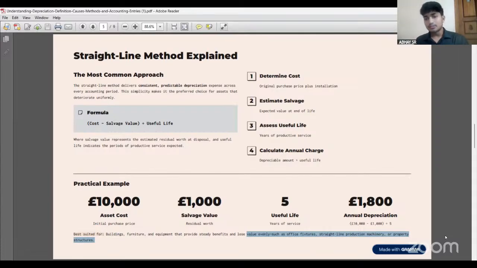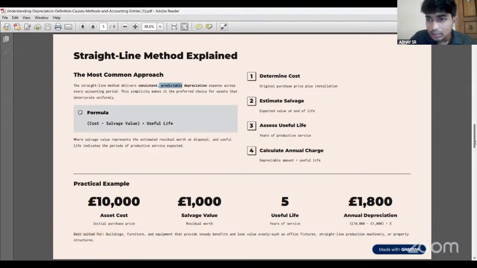The usage remains the same. So to calculate depreciation, I would suggest straight line method because there's no issue with that. I can literally predict depreciation. That's straight line. So in simple terms, it won't change no matter what. It moves like a straight line. In every accounting period, it's the same.